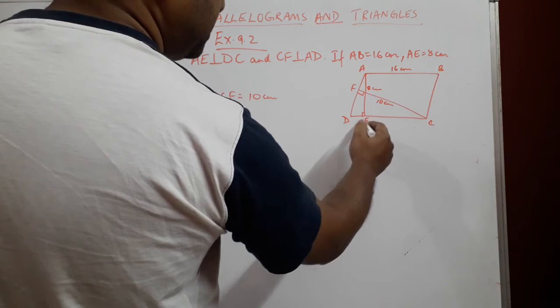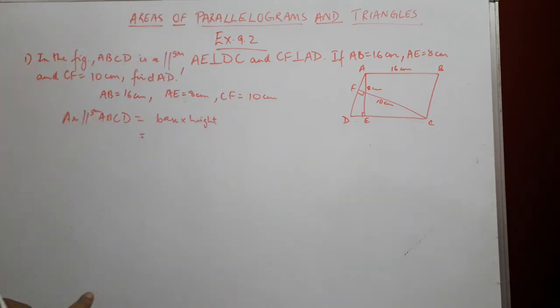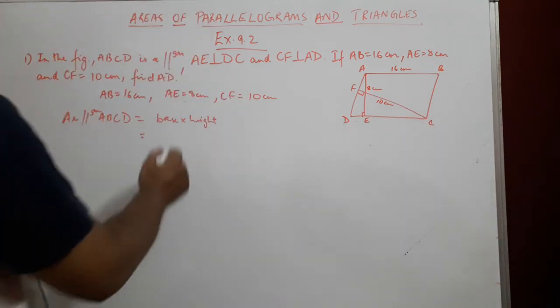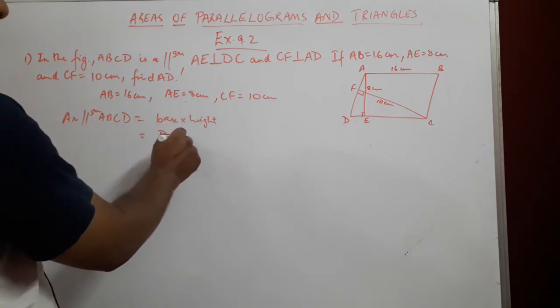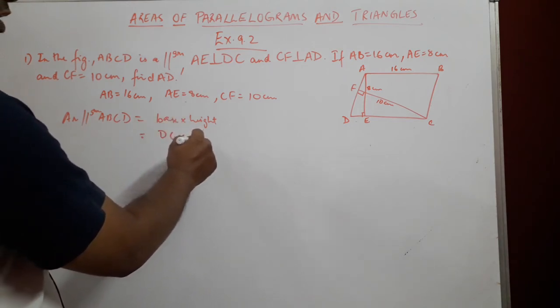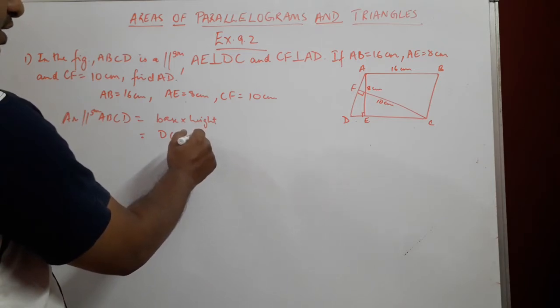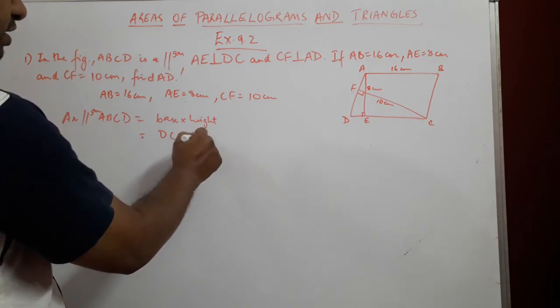Now AB can be taken equal to DC because opposite sides of a parallelogram are equal to each other. So we can take base as DC and height is AE.